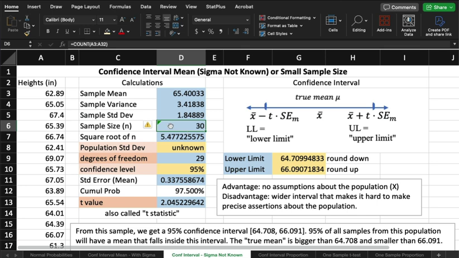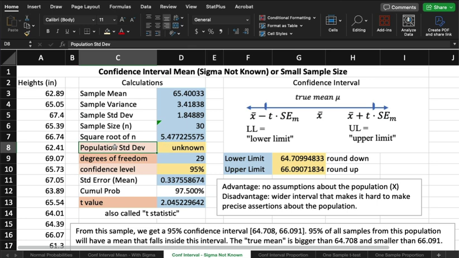These are heights in inches of soccer players. Then in cell D7, based on the sample size that we just typed into D6, we have to take the square root of that. So equals SQRT, parenthesis D6, and that goes into cell D7.